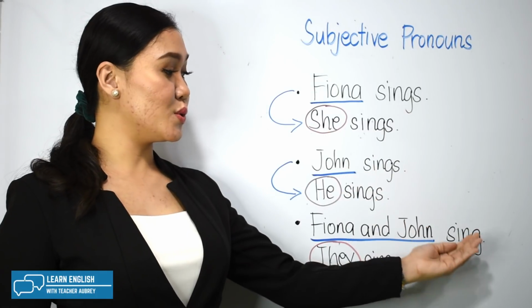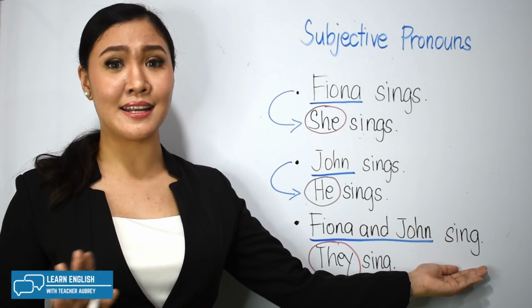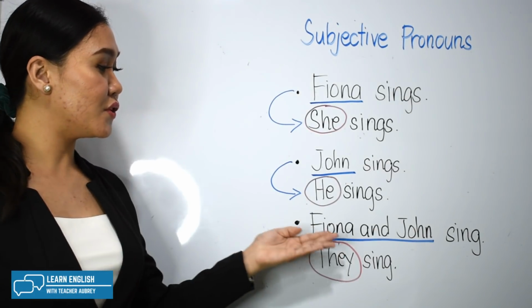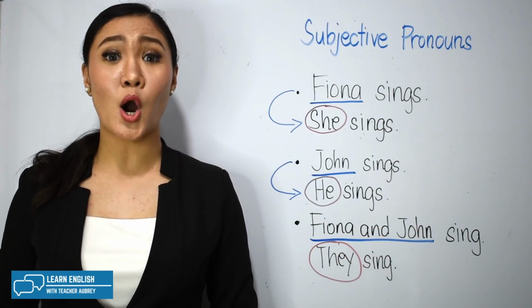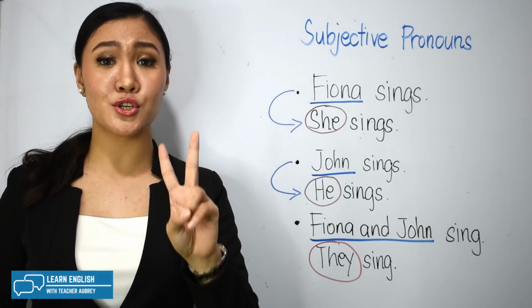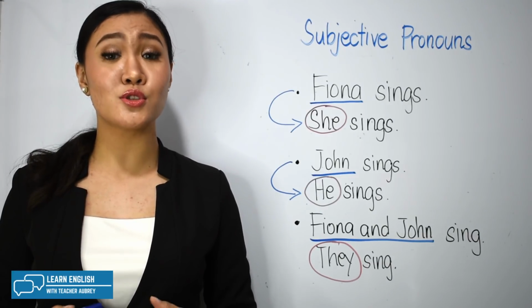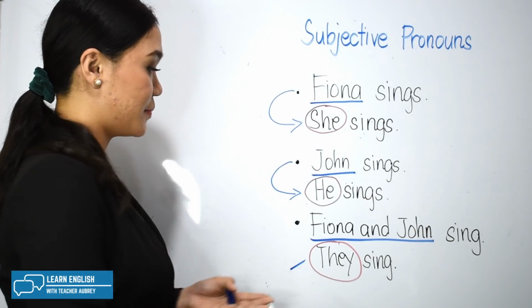So the verb we used is sing, just the base form. We didn't add letter S into it. So since we have Fiona and John, they are already plural. They are many. They are two. The subjective pronoun that we have to use to substitute them is they.